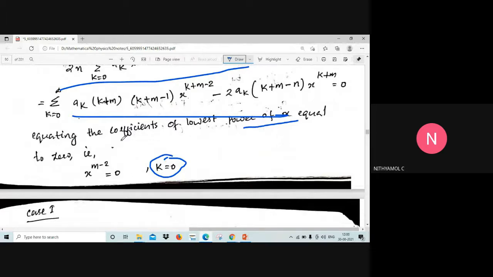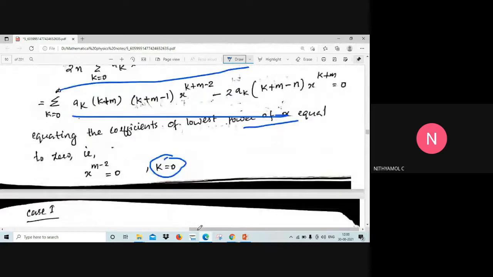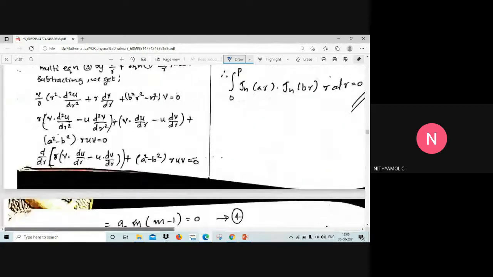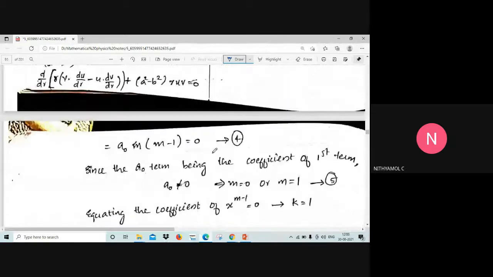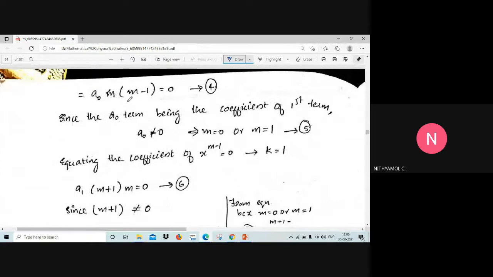Then we can equate the coefficient of x to the power m minus 2. So this is the coefficient of the lowest power of x, that is a0 m into m minus 1 is equal to 0. That is equation number 4.